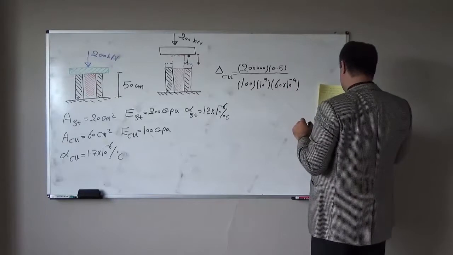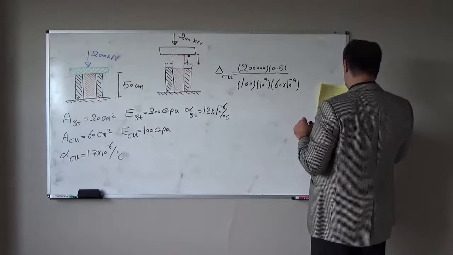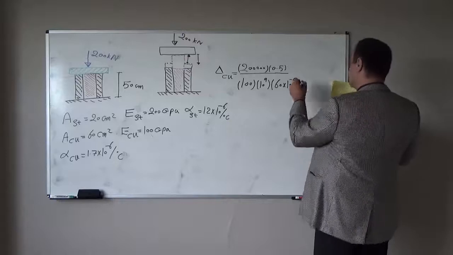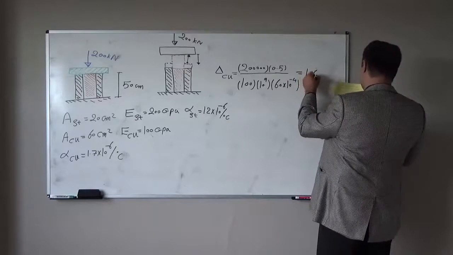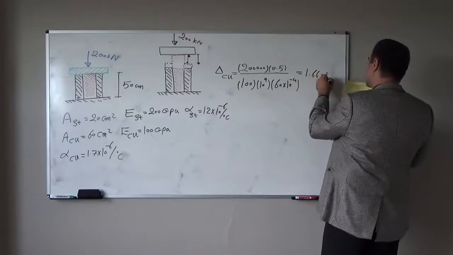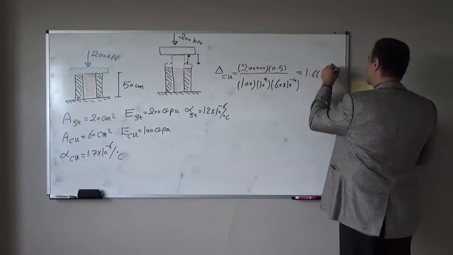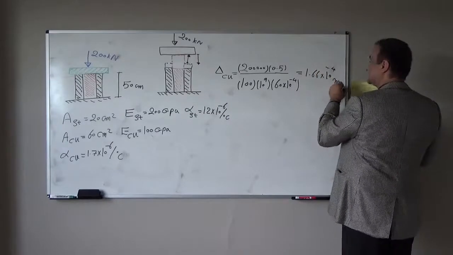The answer for this will be equal to 1.66 times 10 to the power of negative 4 meter.